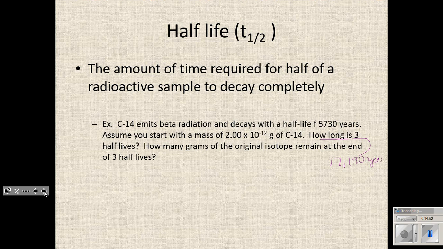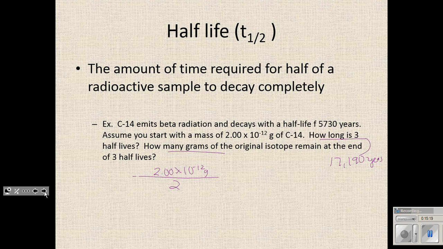How many grams is left after the isotope after 3 half-lives have passed, after 17,190 years have passed, how much is left? So we're going to take our 2 times 10 to the negative 12 grams, and we're going to divide that by 2 because that's what a half-life is, 1/2 of that amount, right?